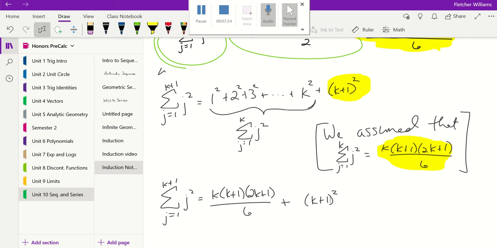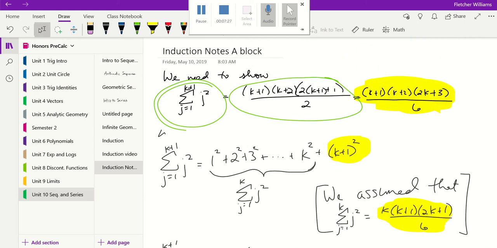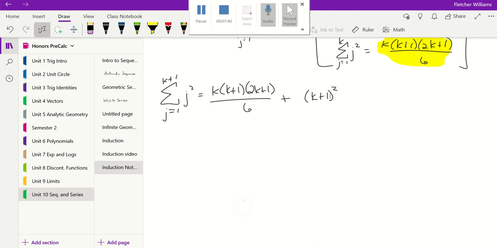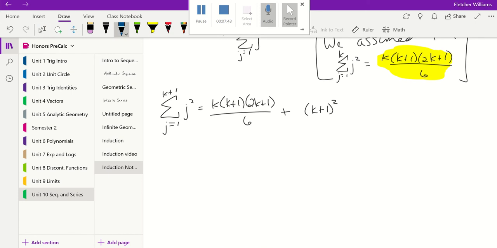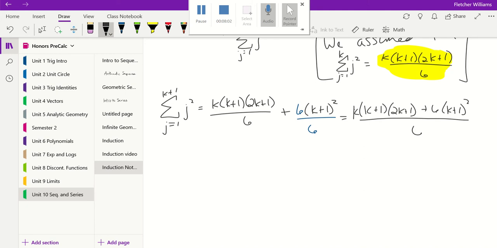All right. So now keep in mind, we said we need to show this thing highlighted up top on the right, and that thing's all one fraction. So right now we don't have one fraction, so let's try to get one fraction and see if we can get it to look like that. So, one fraction, that means we should multiply this by 6 over 6. And so then that's just equal to k times k plus 1 times 2k plus 1 plus 6 times k plus 1 squared over 6.